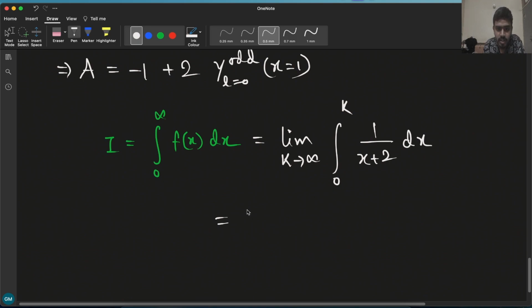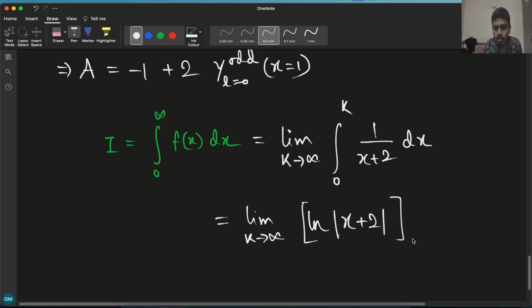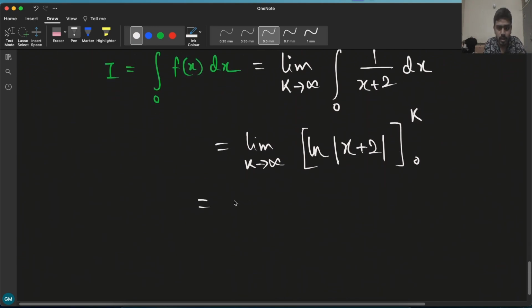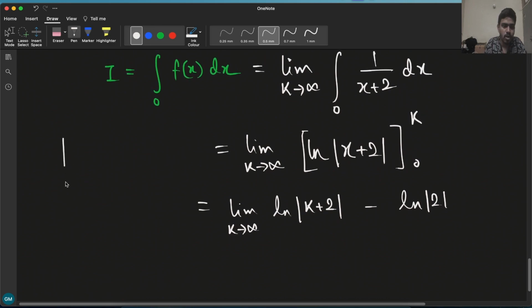If I do the integration, it is limit k tends to infinity of ln mod of x plus 2 from 0 to k, which is limit k tends to infinity of ln mod of k plus 2 minus ln 2, right?